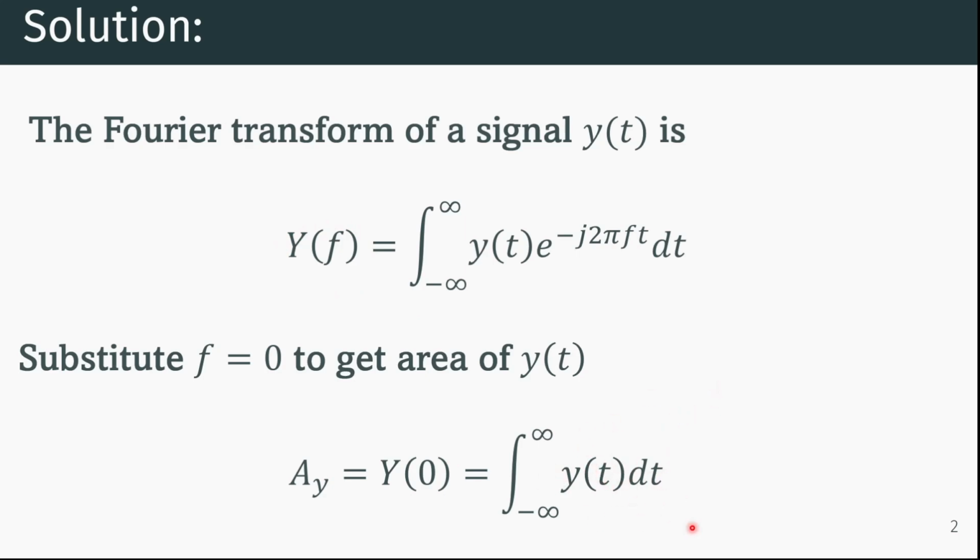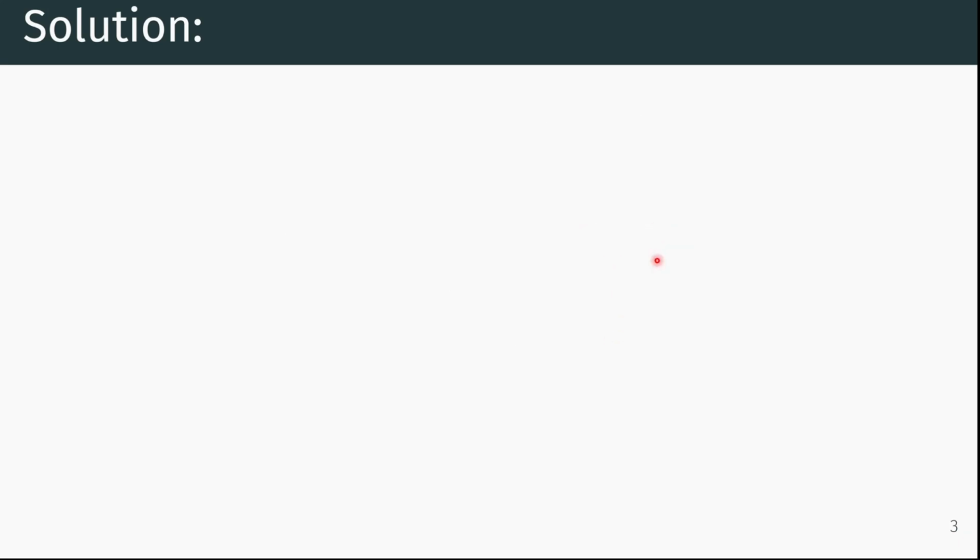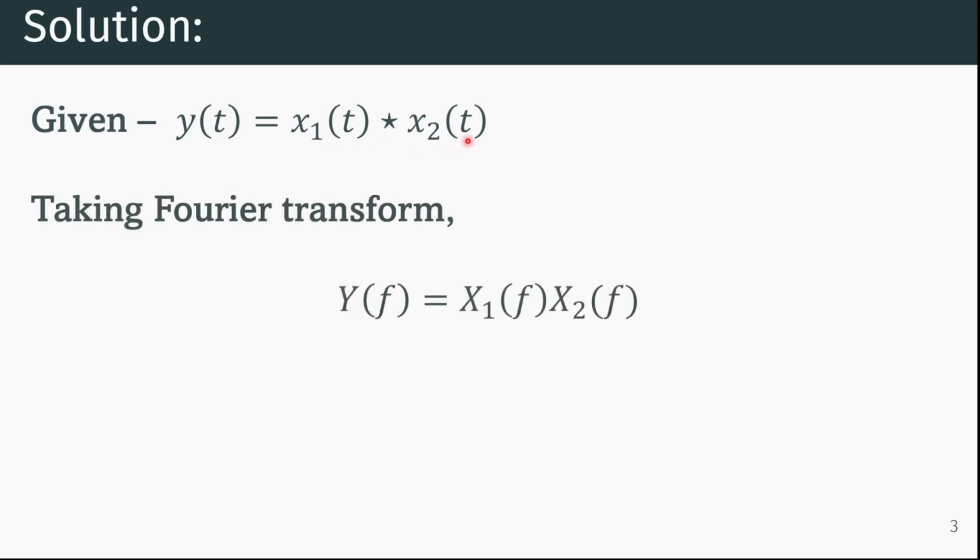This is a very important result, and we will use it to evaluate the area of the signal y of t. We are given that y of t is x1 of t convolved with x2 of t. Now, by taking the Fourier transform, we know a very important property: convolution in the time domain corresponds to multiplication in the frequency domain.